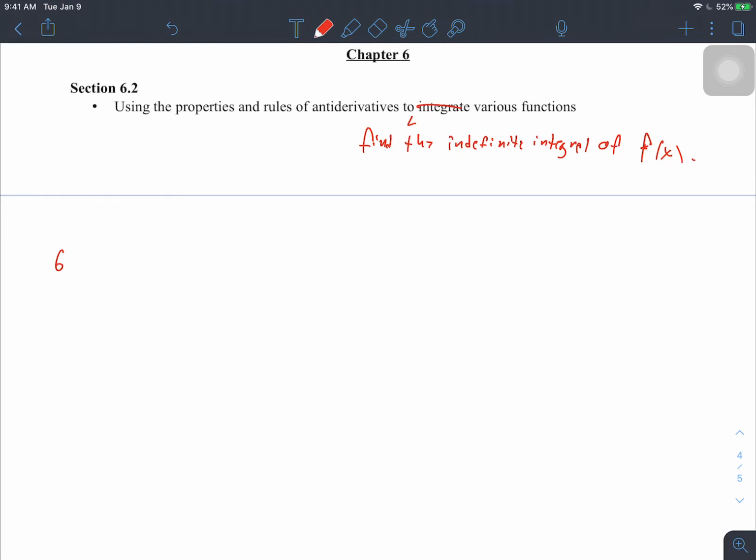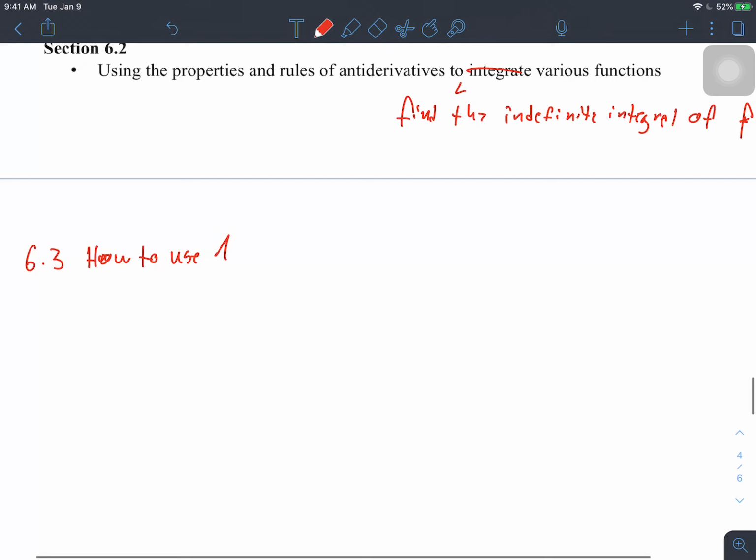And then in 6.3, we learned how to use antiderivatives and the fundamental theorem of calculus.